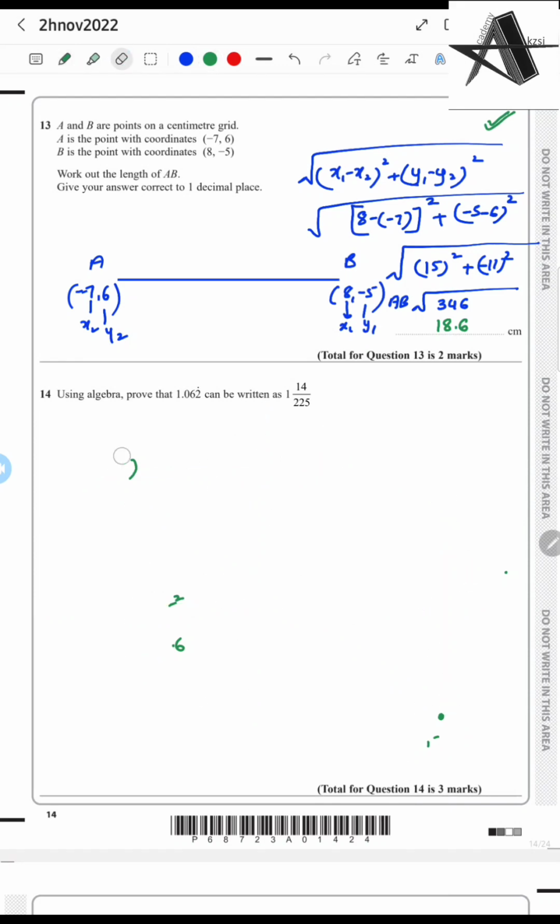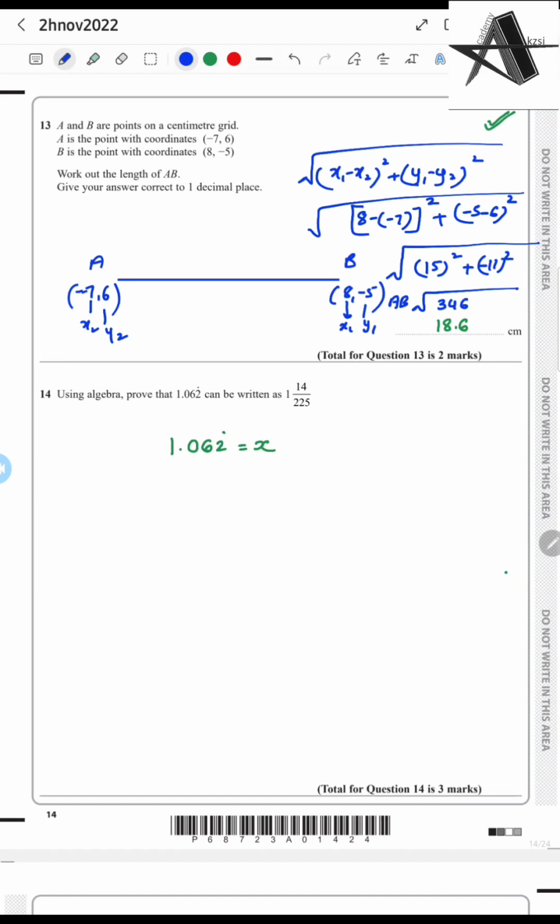Using algebra, prove that 1.062 recurring can be written as 114 over 225. Let me say 1.062 recurring is equal to x. Then we have to multiply that number so that the point will come just before the recurring.